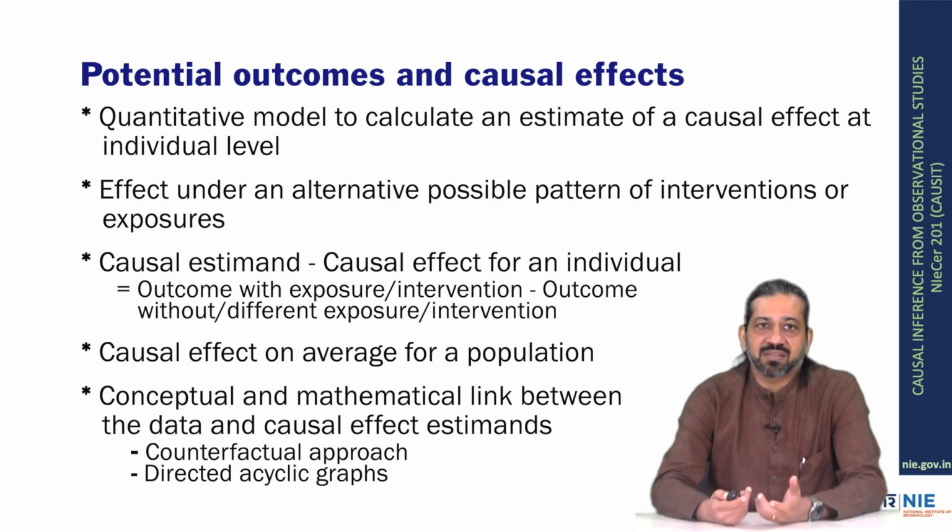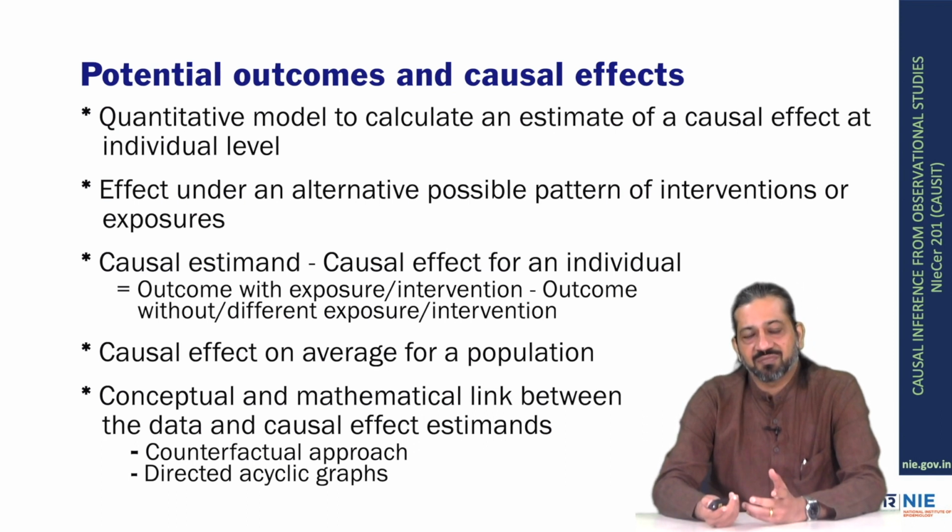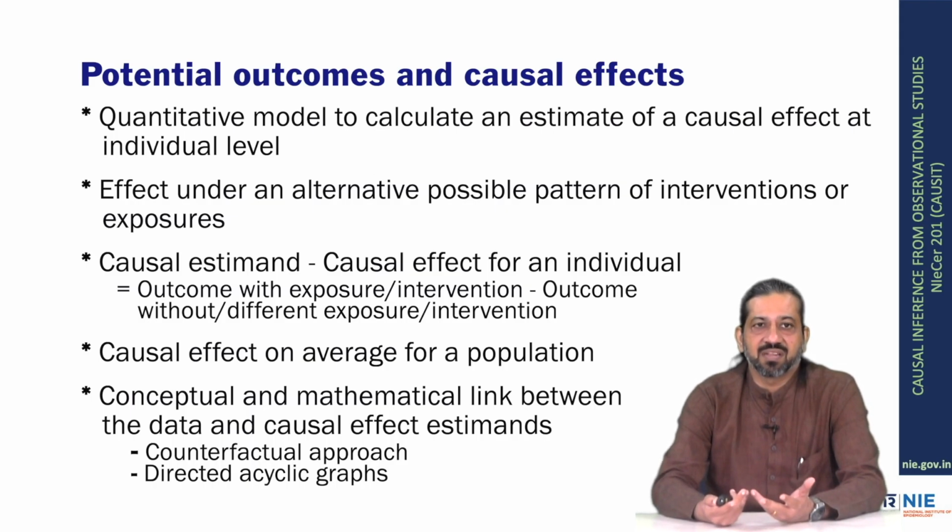And that is nothing but the change in outcome that we would expect to see if there is a change in the exposure or the intervention. In the presence of the exposure or intervention, what is the outcome that you would expect to observe, versus in the absence of that intervention or exposure, what is the outcome that you observe. And if there is a difference in the outcome, it helps us to quantitatively estimate the causal effect.